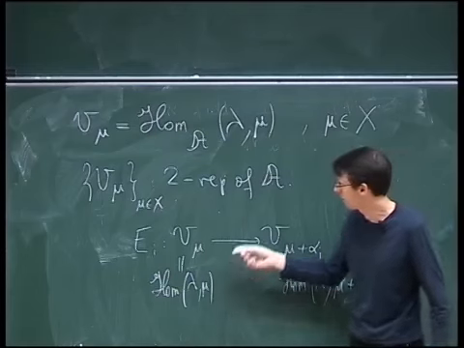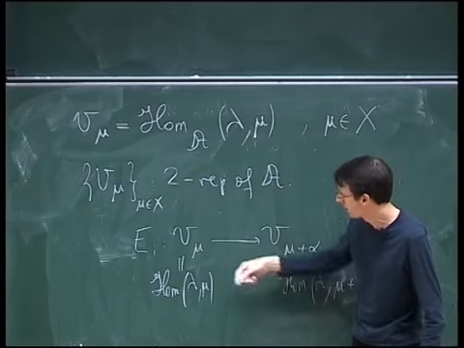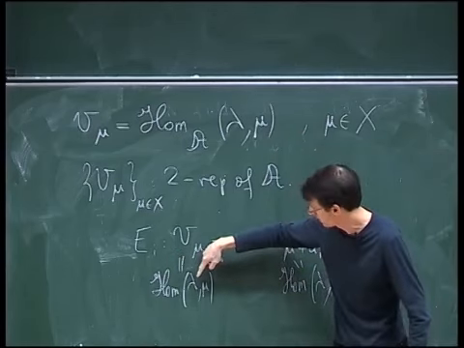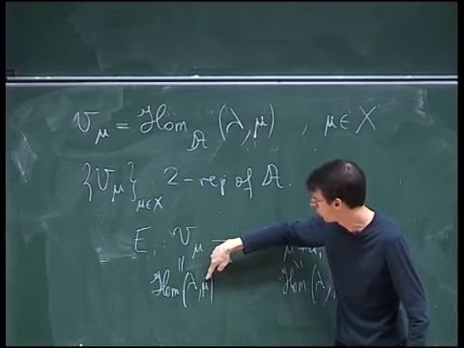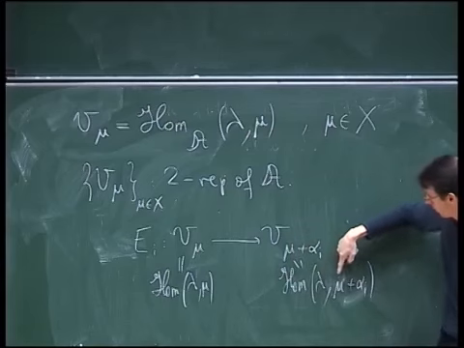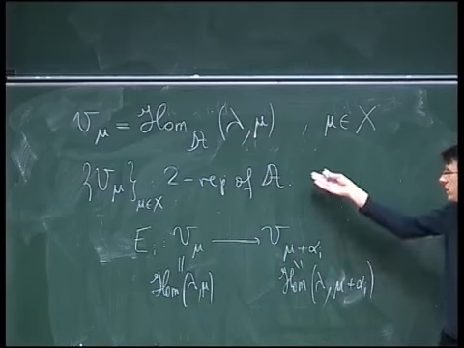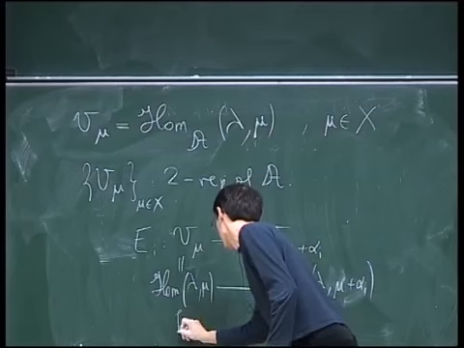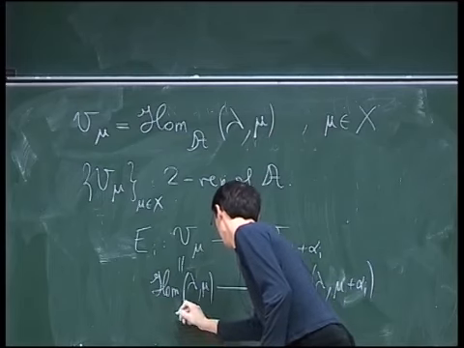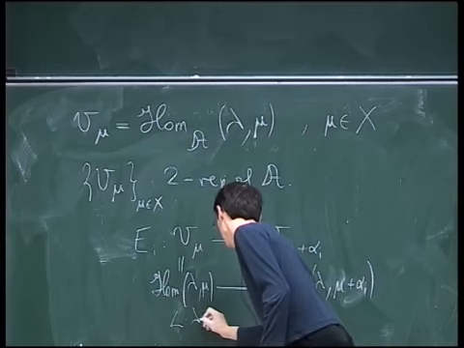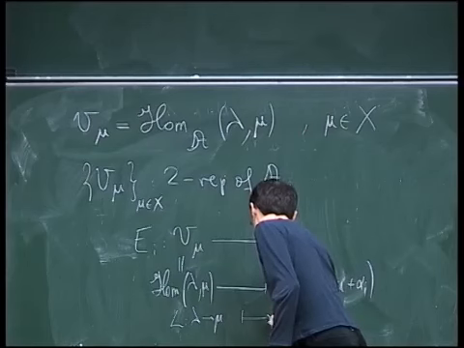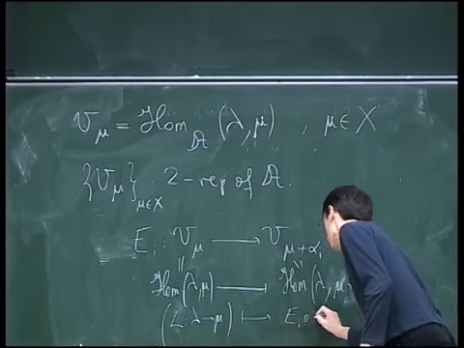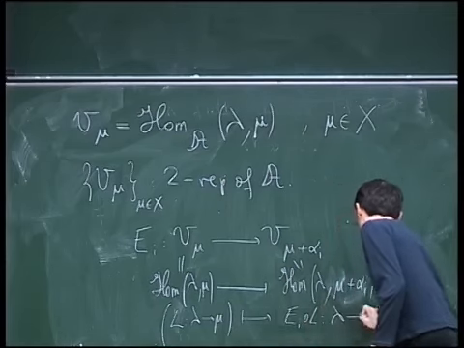When we are in our 2-category A, we want a functor from here to here. Whenever we have an object E_i, if we have a 1-arrow going from lambda to mu, we can compose it with E_i, and we'll get a 1-arrow from lambda to mu plus alpha i. By definition of 2-categories, this is going to be functorial. So that takes a 1-arrow L from lambda to mu, and maps it to the composition with E_i, so E_i composed with L, from lambda to mu plus alpha i.